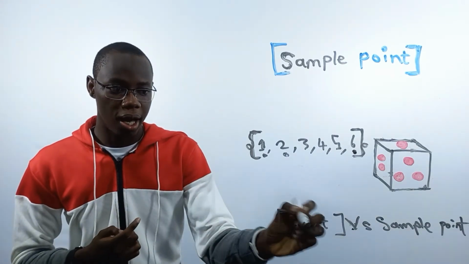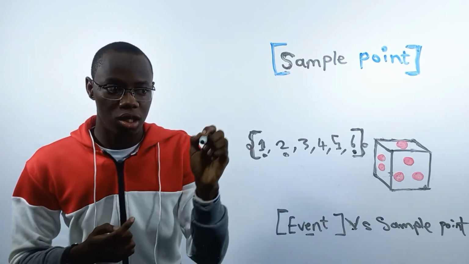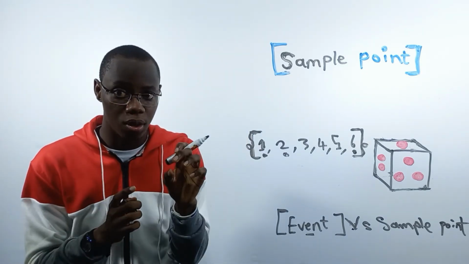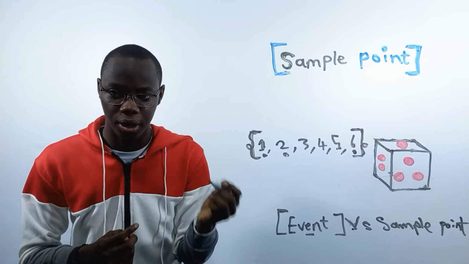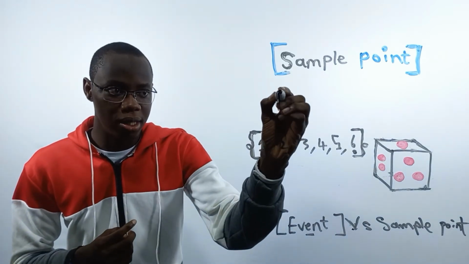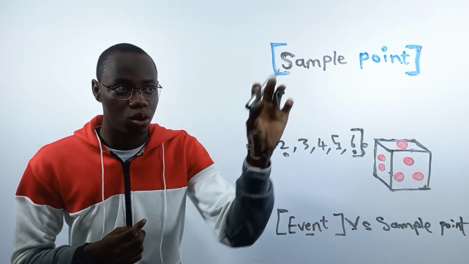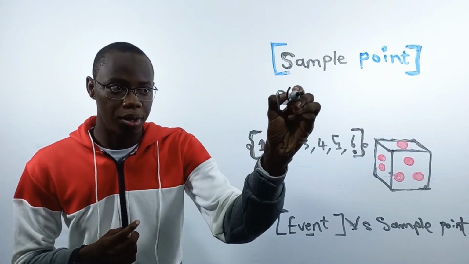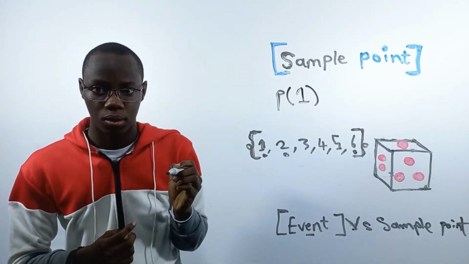But an event is the moment you assign probability to that element or elements, it becomes an event. So the probability that the element, or the sample point 1, will occur becomes an event, right?